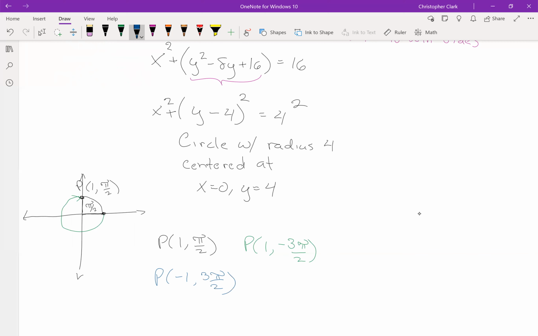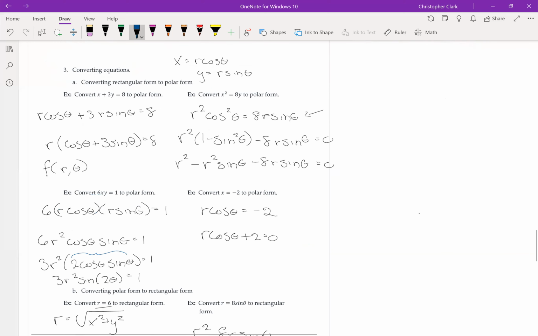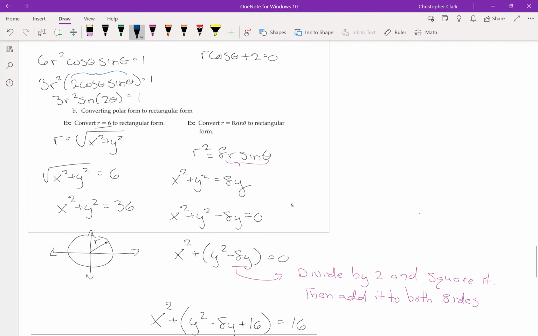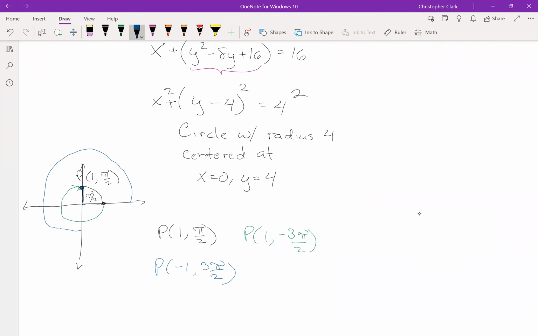The idea being that I go over 1, swing all the way around 3 pi over 2, and now I walk backwards, in the opposite direction. That's how we did it before. You treat it as if you are in the positive, you walk positively, and then at the very end, you walk backwards. And that's how you plot it when you have a negative r. So that's exactly what we did. We walked a distance of 1, and then we knew that we wanted to end up at this point up here.